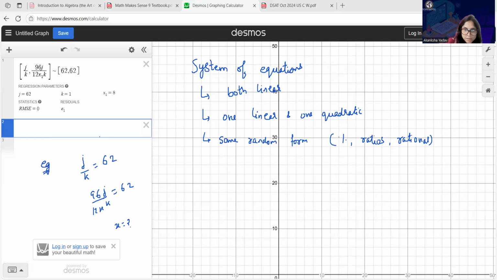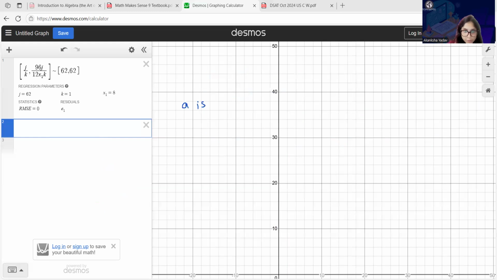So this question is like this. A is 764% greater than B. A is 0.96% of C. C is P% of B. Now they're asking what is the value of B. So now you see there are 3 different equations, right?